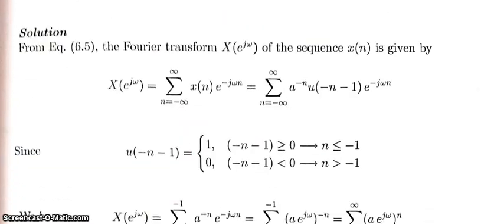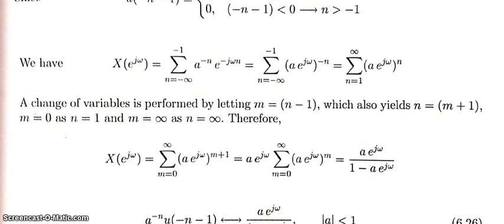The Fourier transform of the sequence is given by summation n equal to minus infinity to infinity x of n e raised to minus j omega n, and in the place of x of n we have substituted a raised to minus n u of minus n minus 1, and we know u of minus n minus 1 is extending from n equal to minus infinity to minus 1. So it is 1 for n less than or equal to minus 1, and it is 0 for n greater than minus 1.